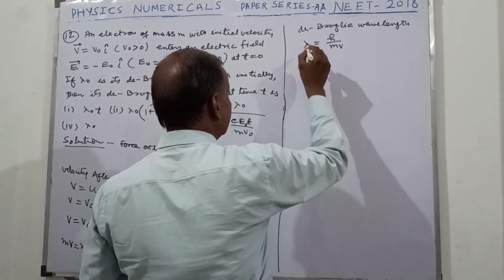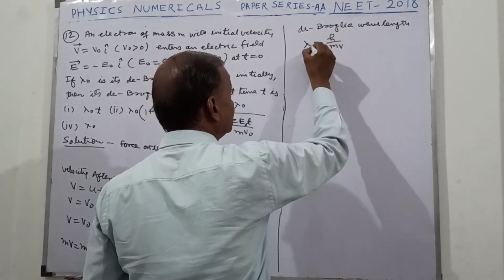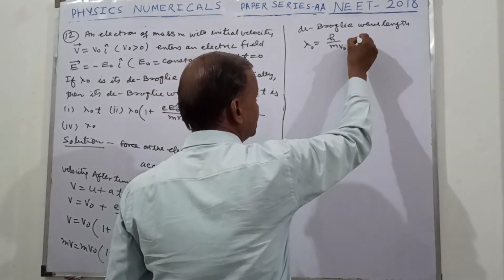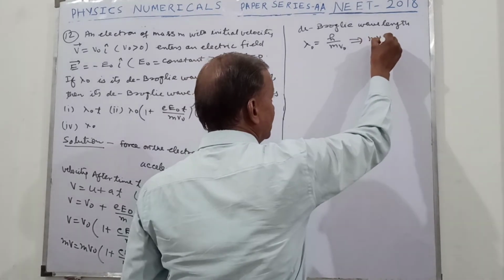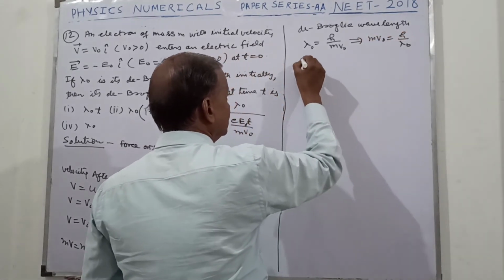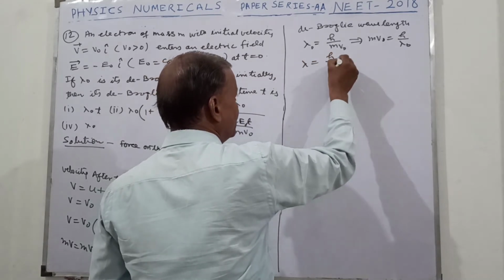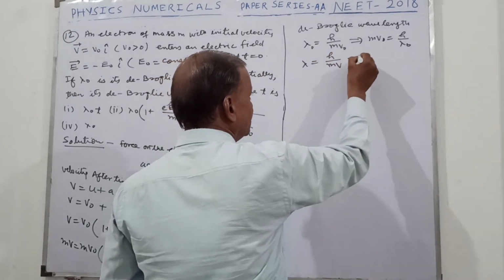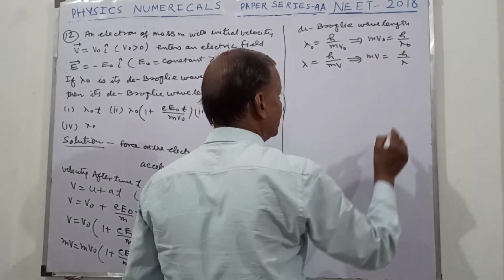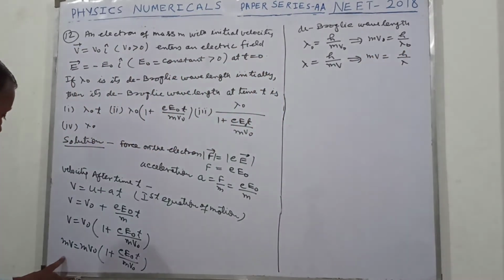So first we are giving this lambda naught, and from here mv naught equal to h upon lambda naught. Similarly, lambda equal to h upon mv, then from here mv equal to h upon lambda. So we will use these relations here.